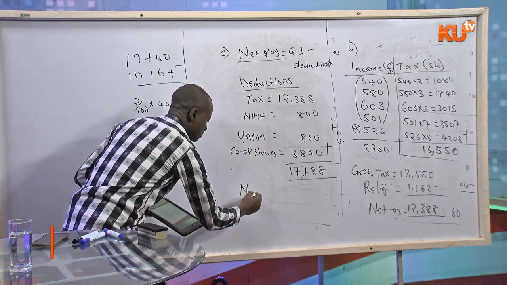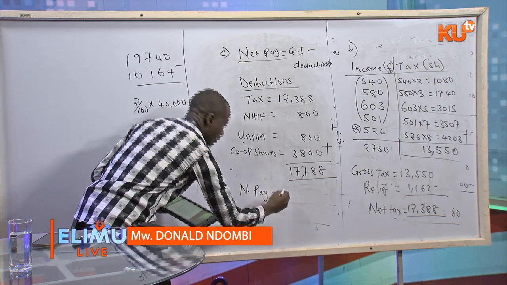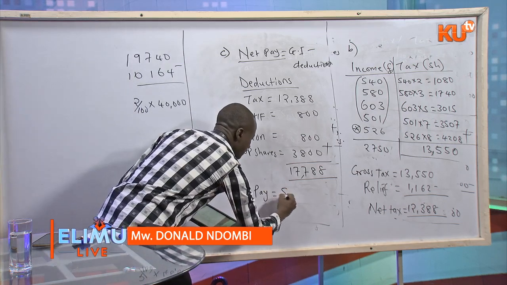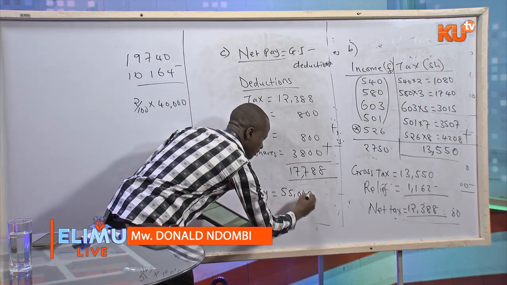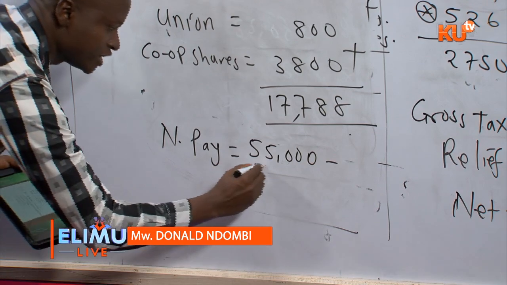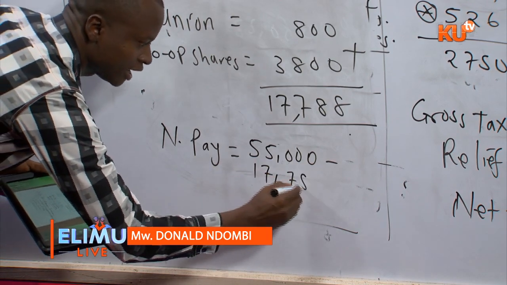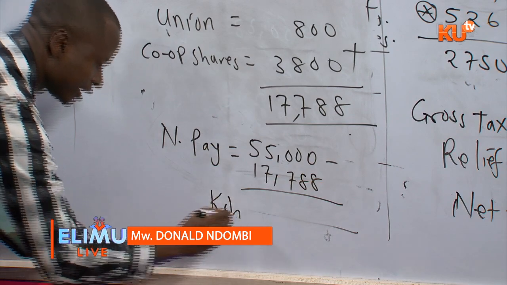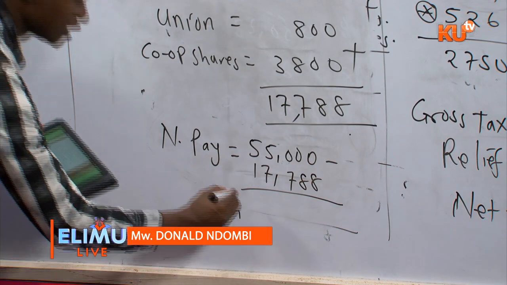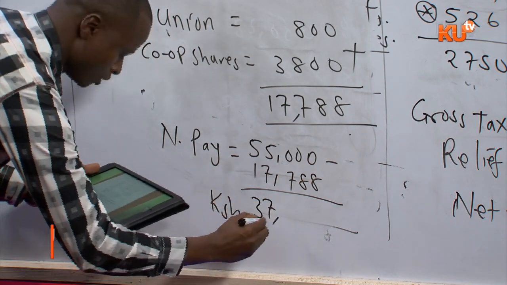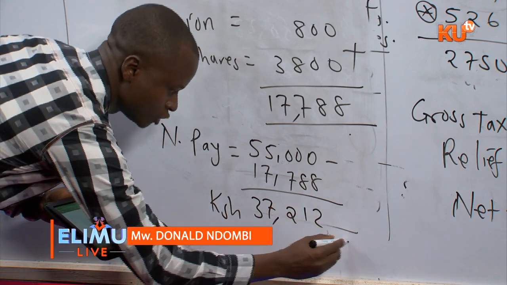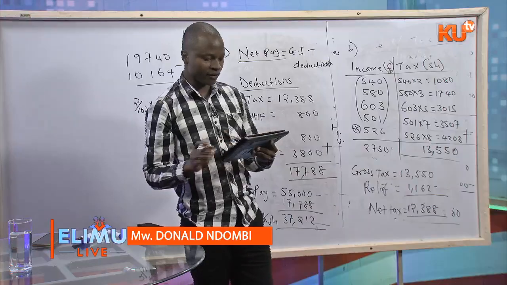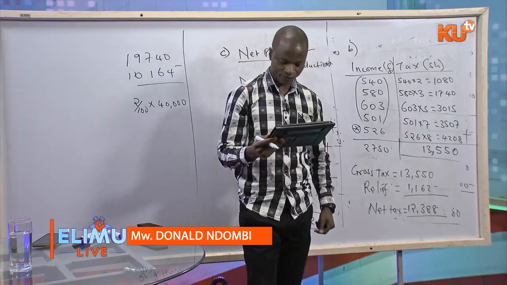Therefore, his net pay will be the gross income we already calculated as 55,000 less 17,788. If you use your calculator, his net pay in Kenyan shillings is 37,212. That's how much this employee takes home every month.